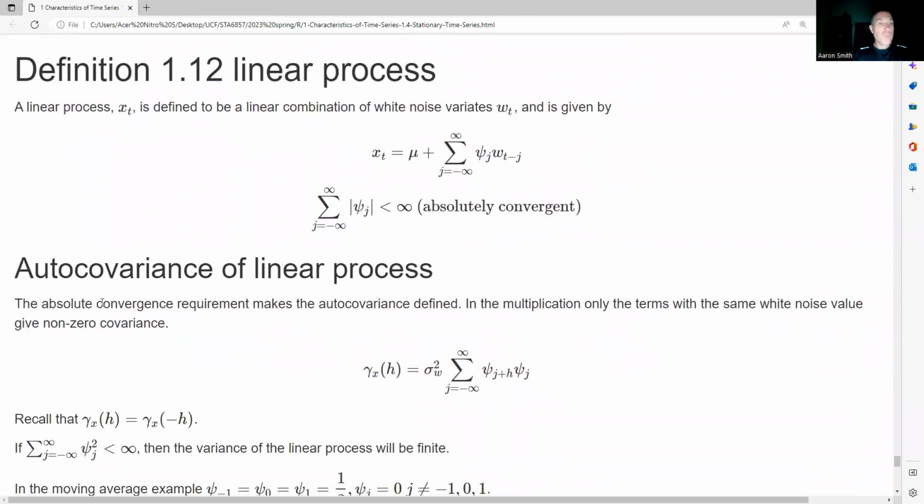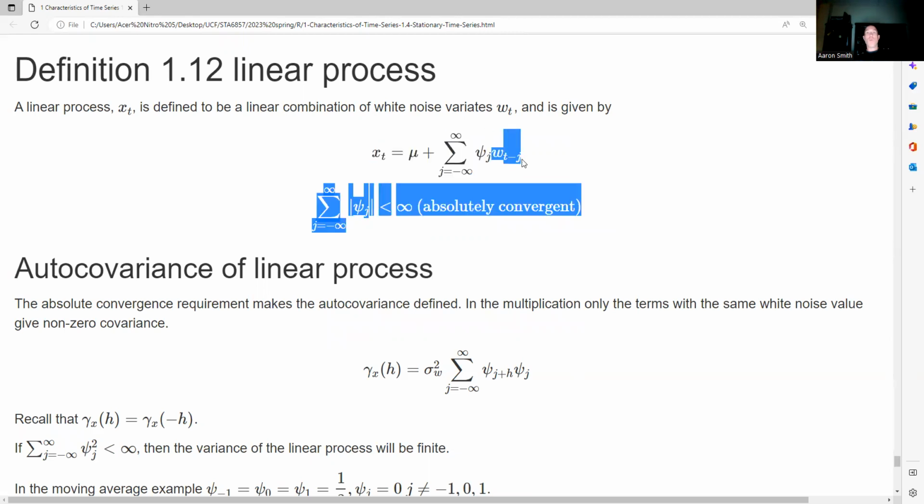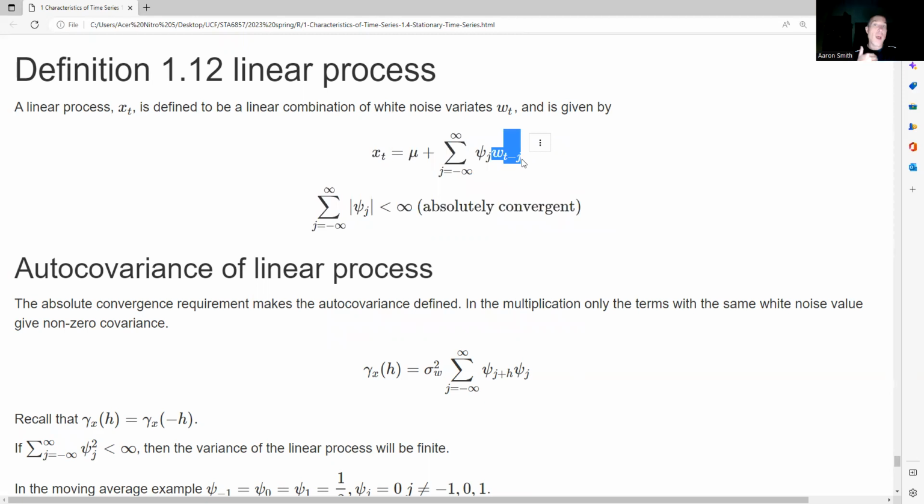With absolute convergence, this property guarantees that we are able to compute the autocovariance. When I do the autocovariance, I get zeros whenever the noise terms do not have the same subscript. When they have the same subscript, then the covariance is not equal to 0, and that's where I get the sigma squared term from.